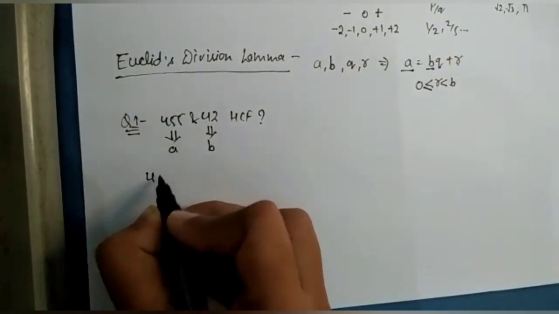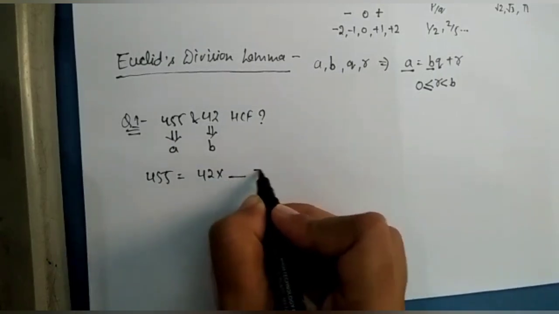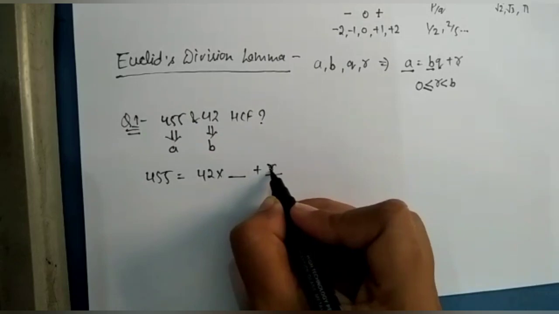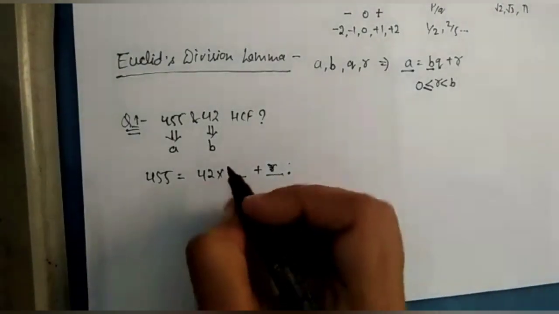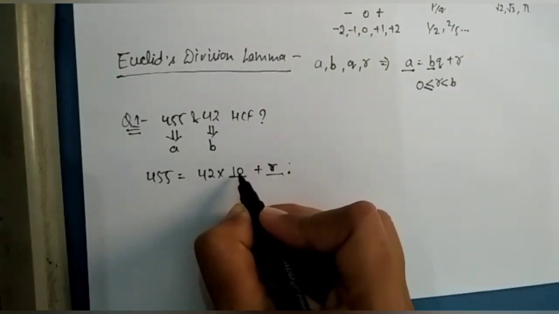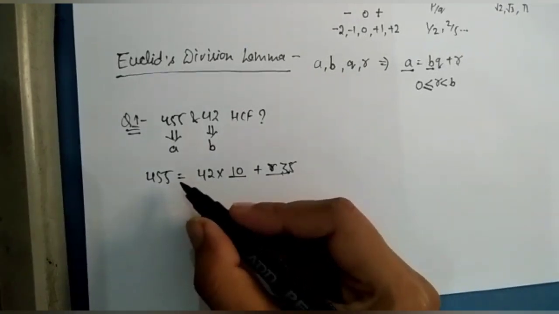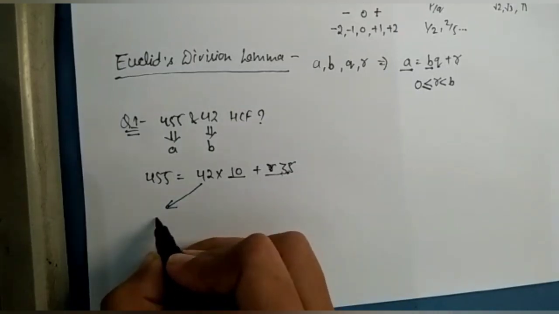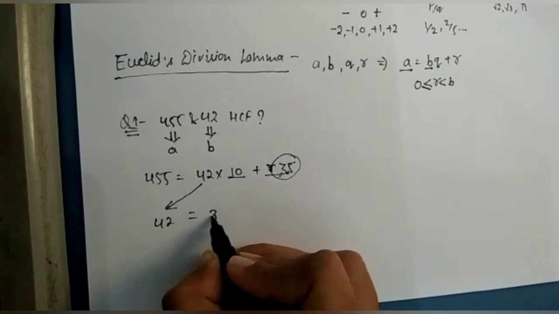Now a is equal to b into q plus r. We have to multiply by a digit here, and the remainder we have to write down here. So we can multiply here by 10, then we will get 420, and if we add 35 to 420, we will get 455. For the next step, this remainder will be your a and the previous remainder will be your b value.